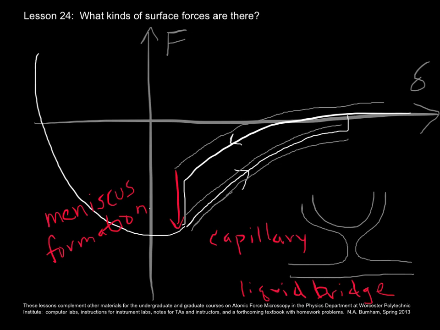And when the capillary breaks, as it does because of some jostling or whatnot, then there's a little jump right here. And what I find interesting is that the difference between approach and retraction, that's an area on a force displacement plot or force separation plot, that area corresponds to energy.